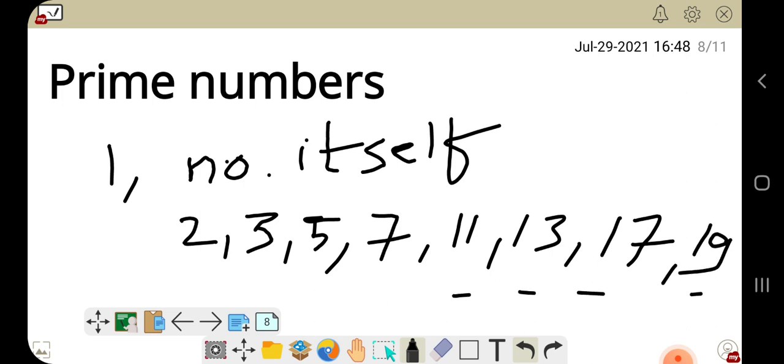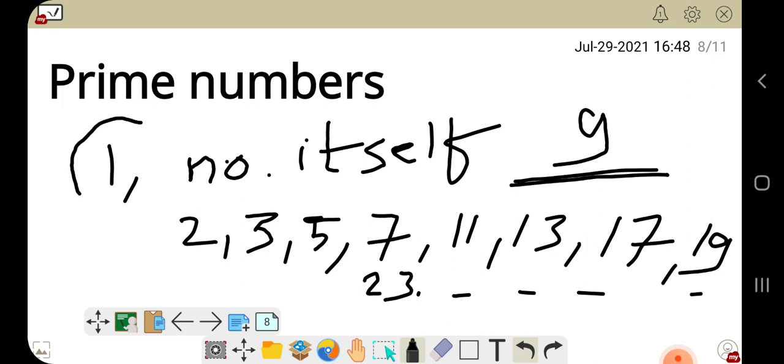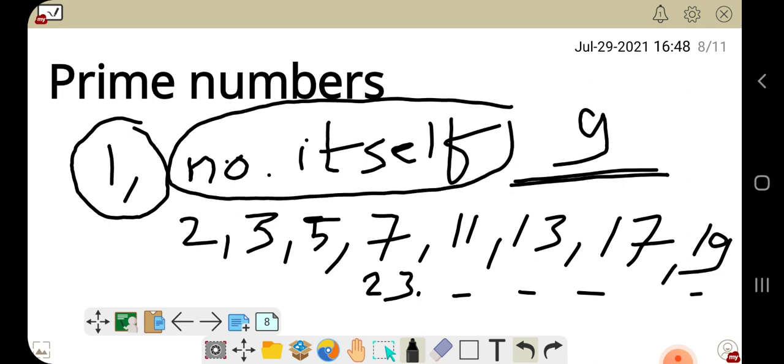So such numbers are called as prime numbers. Why 9 is not a prime number? Because 9 is divisible by 3 also. The number will be called as prime number only if it is divisible by 1 and number itself. This is the right definition of prime numbers.